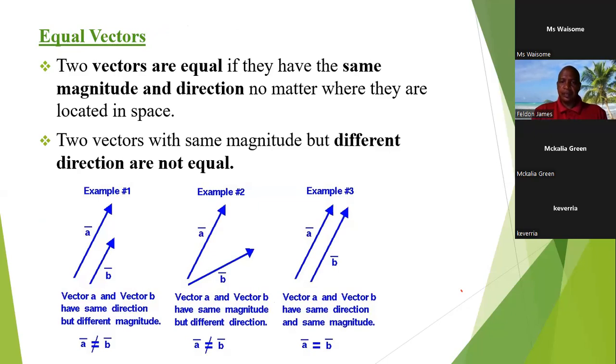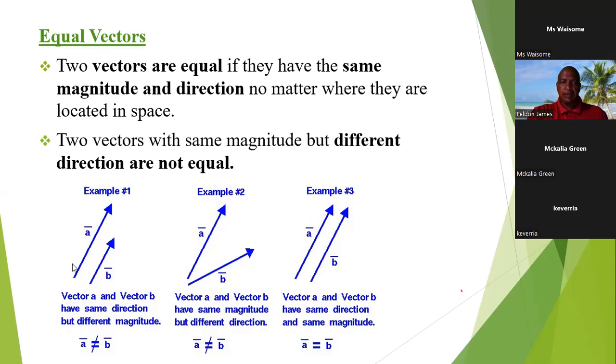Example 3, sir. Example 3. And the reason would be they have the same length and the same direction. All right, guys. So we can say the vector A is equal to the vector B because they have the same length and same direction.